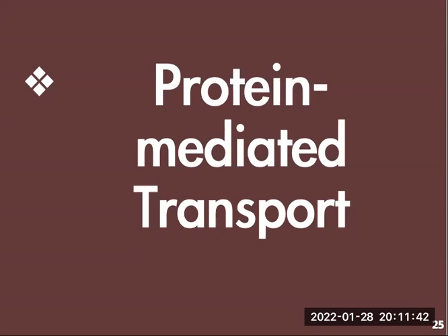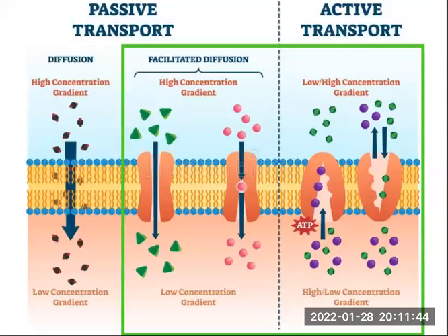Now we're going to talk about protein-mediated transport. In our body, simple diffusion across the membrane is only limited to lipophilic molecules and small molecules. So as we mentioned, oxygen, CO2, and some lipophilic molecules or hormones.